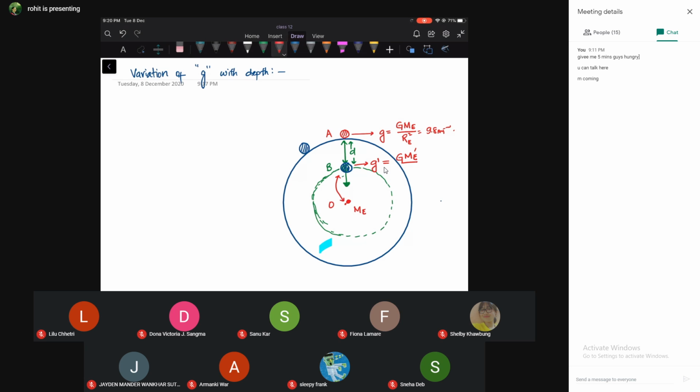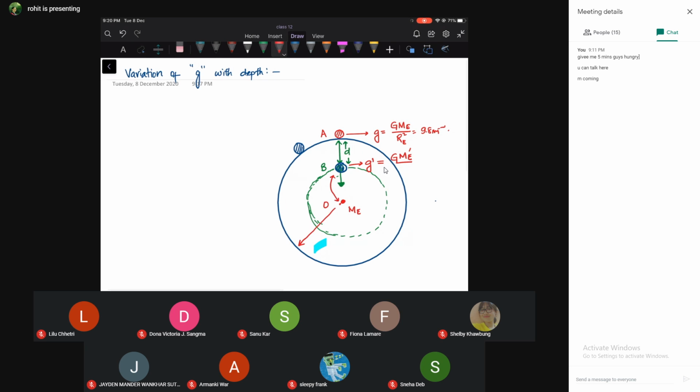The distance between the center and this point is definitely not R, because this was R, this is d. So the distance between this point and the center is R minus d. So I'm writing R_E minus d, squared. This is what we are going to start with.